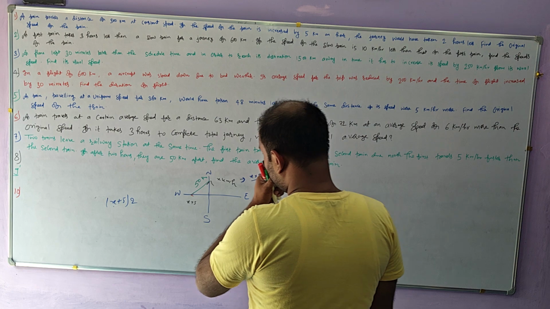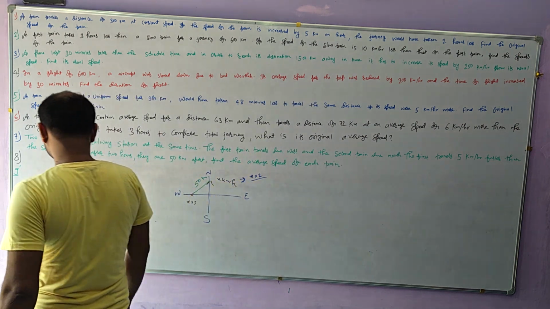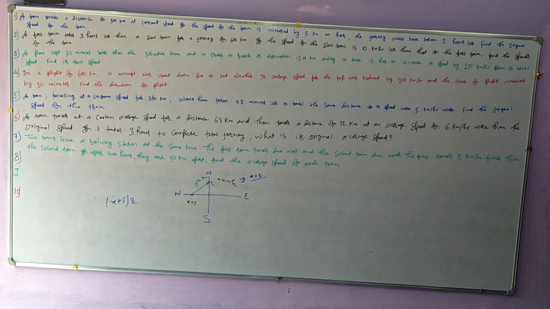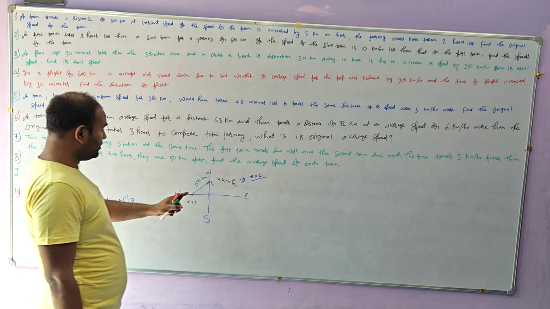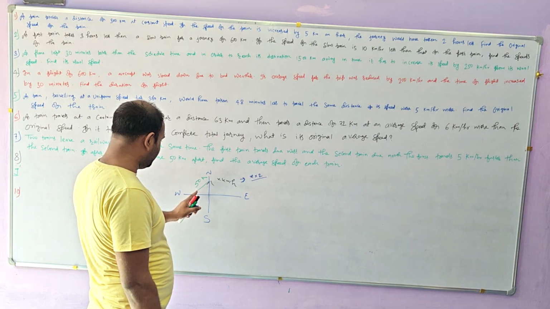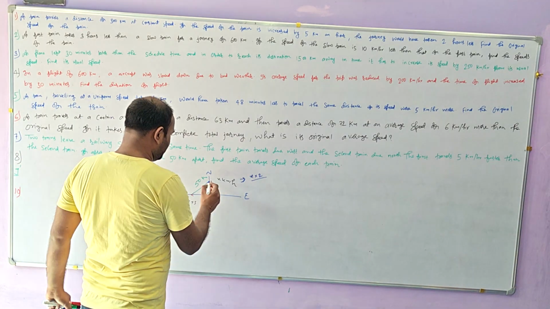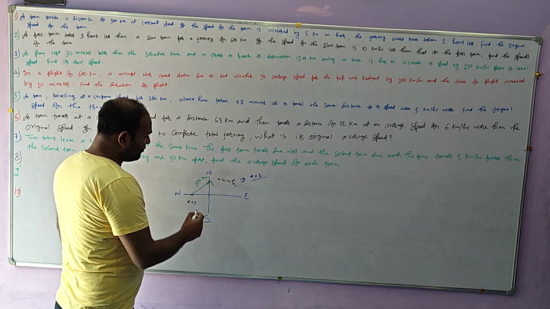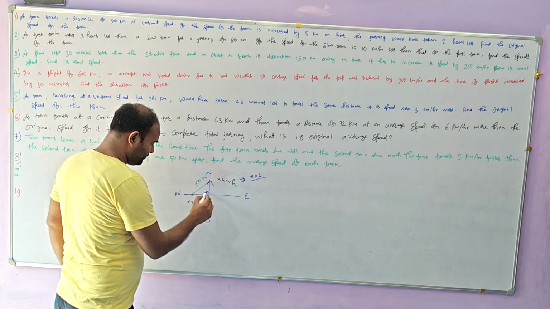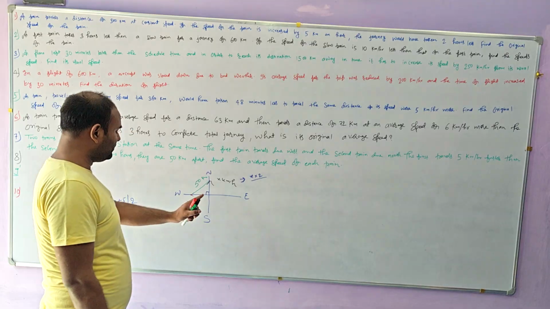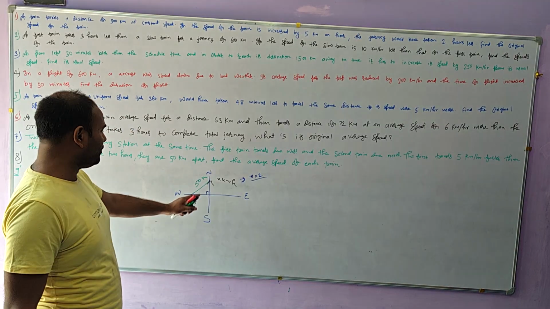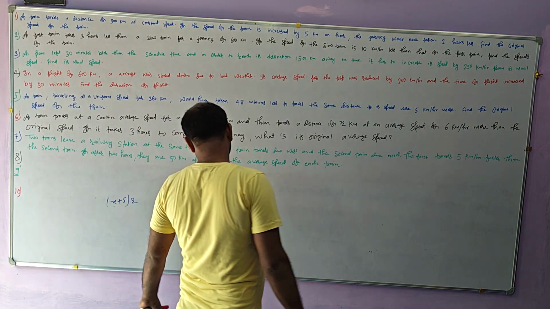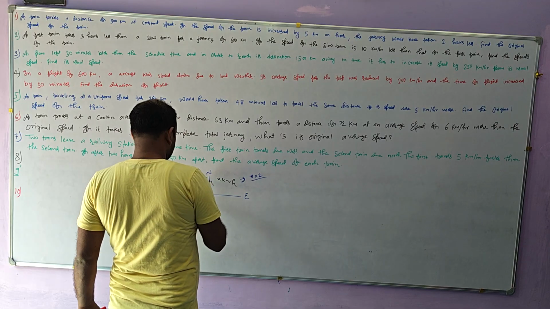There is also a distance between this point and this point of 50 kilometers, and we know we have a 90 degree angle to find this distance.